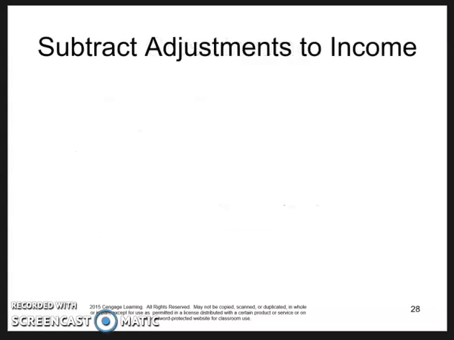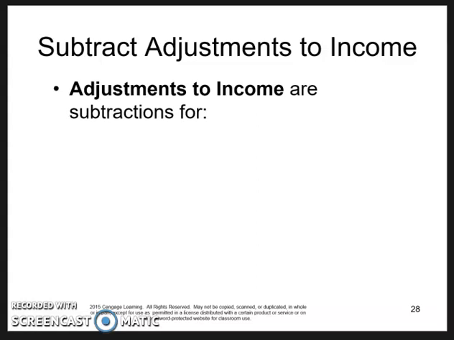Adjustments to income include IRA contributions, alimony paid. The alimony, I believe that's actually changed. I believe alimony was eliminated from the new tax law. It used to be that the payer got to deduct it, and then the recipient had to pay taxes on it.